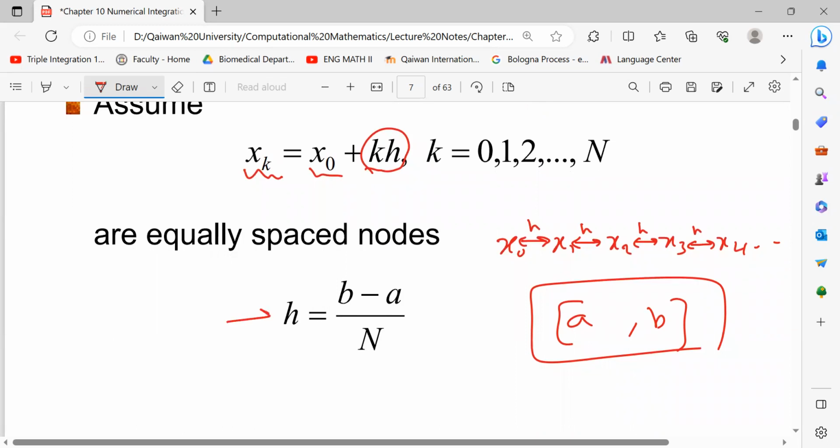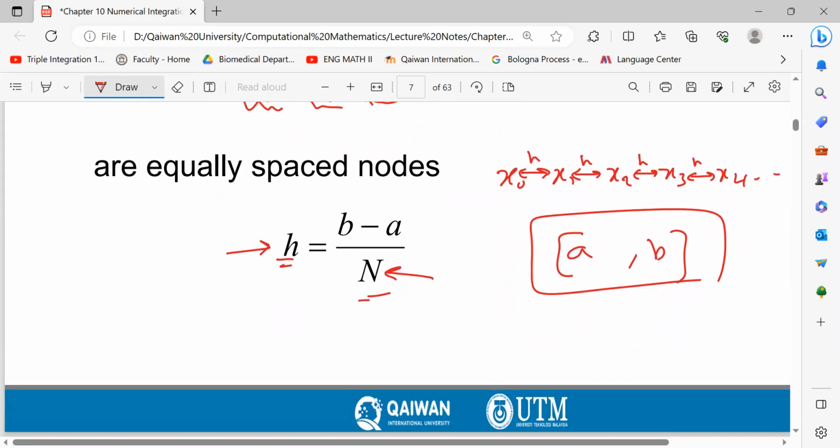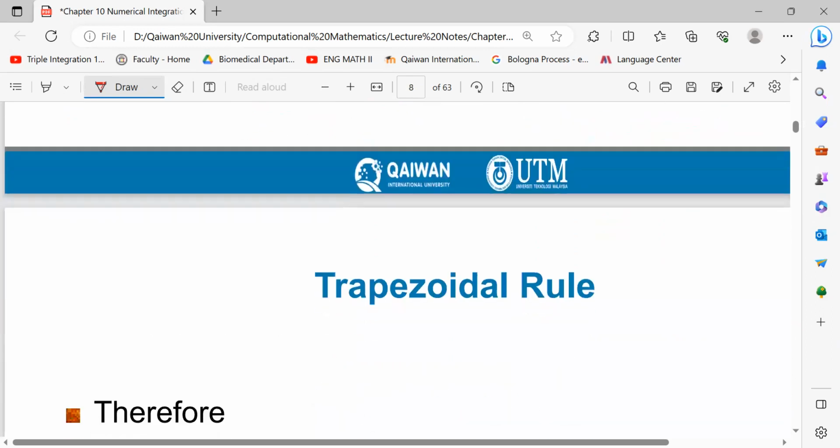We say h is b minus a over n. n should be given. n or h should be given in the example. Okay? We need h actually. We just need h. If it's not given, then n must be given. We just say b minus a over n, it's h. We need to find the values of xi: x0, x1, x2 up to xn.